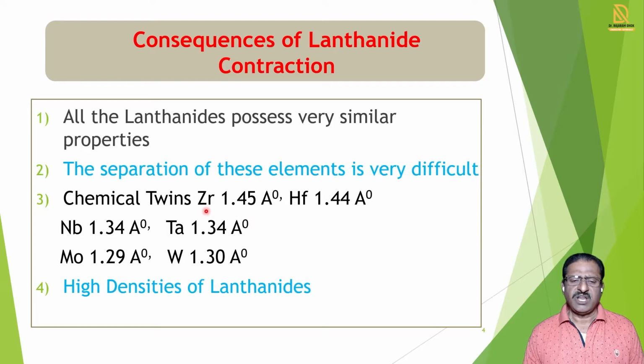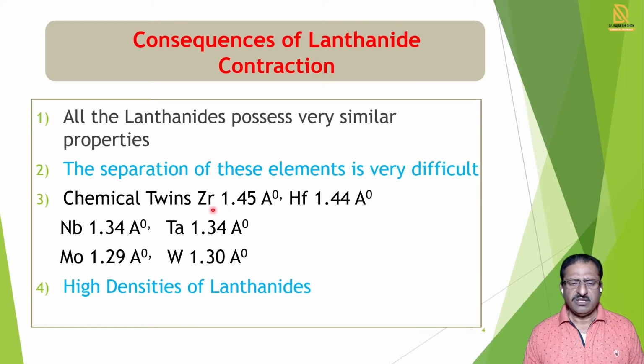So Zr-Hf, zirconium and hafnium: its atomic radius is nearly the same. Zirconium has 1.45 Angstrom and hafnium has 1.44 Angstrom, so only 0.01 Angstrom difference. It is negligible.